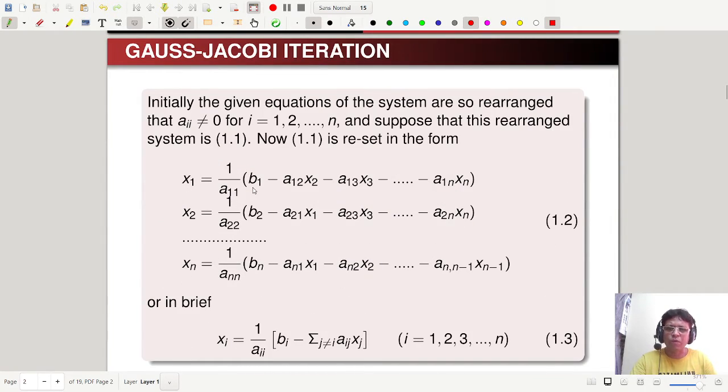x1 equals 1 by a11 times b1 minus a12 x2 minus a13 x3 minus etc. Similarly you will have x2, if a22 is not equal to 0, x2 equal to this, and so on. The last nth equation also you can write in this form. So this is the resetting of equation 1.1.